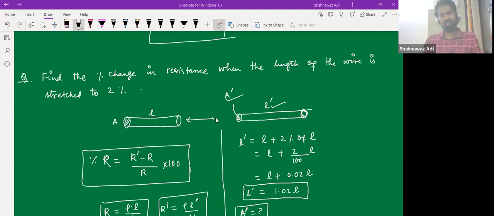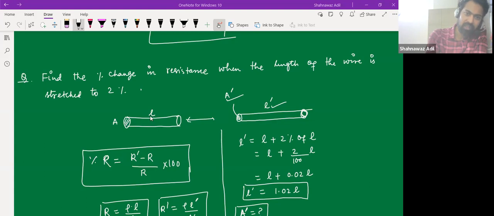Then we stretch this wire. So its length is increased, but its area will decrease, right? So to calculate the percentage change, we have to find out this quantity, R prime.